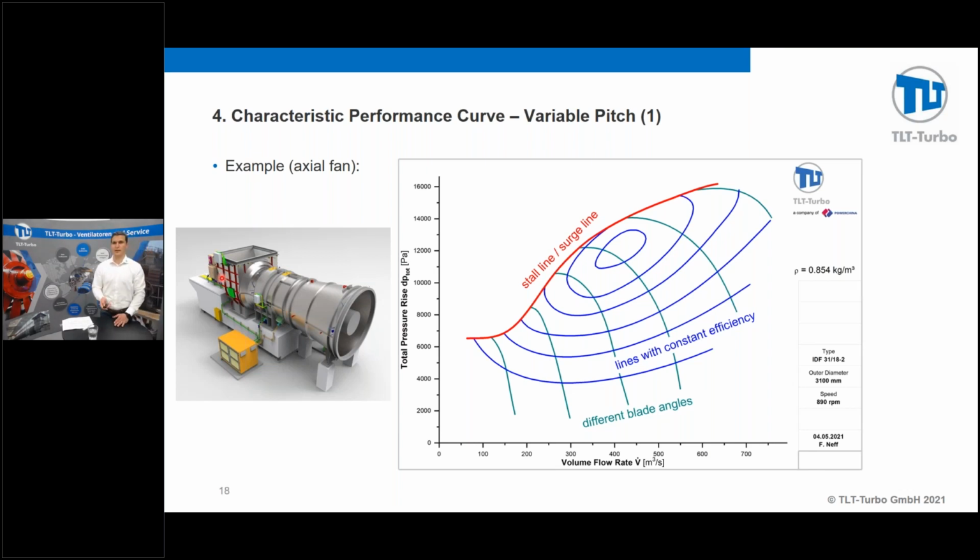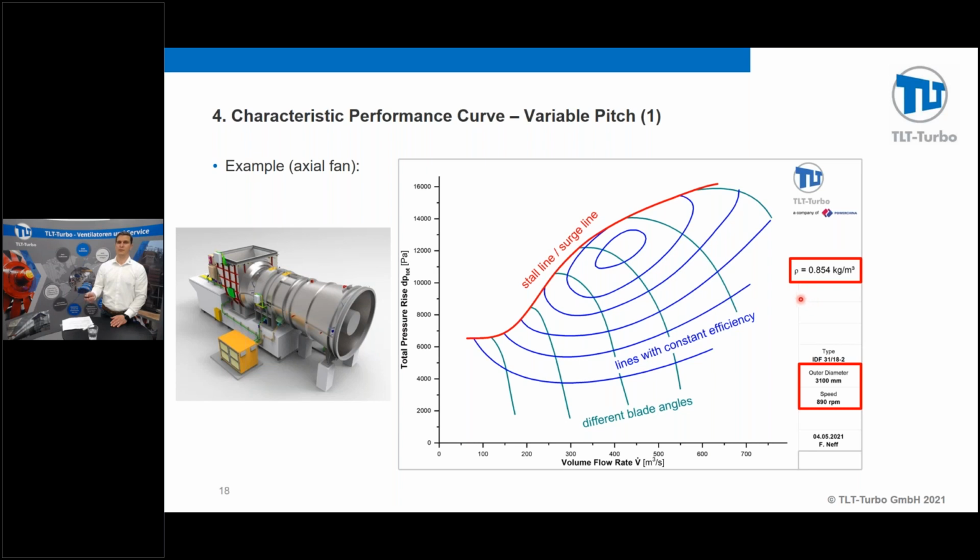So that's basically the performance graph of a variable pitch fan, an axial fan. On the x-axis you have the volume flow rate, and on the y-axis you have the pressure rise, like before. You should know that this performance graph is only valid for a certain fan inlet density.